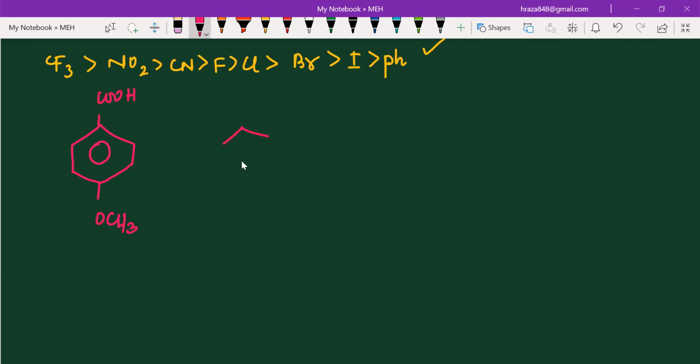This is benzoic acid without any group attached. And this is NO2 connected with the carboxylic acid. Which one is more acidic? Sir, the last one. Nitro.